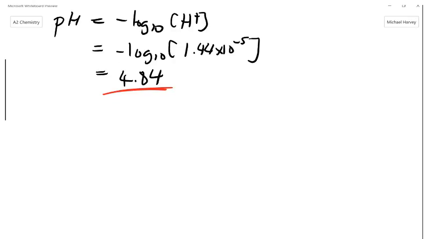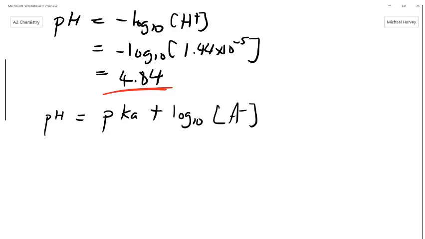You can use the Henderson-Hasselbalch equation, and the Henderson-Hasselbalch equation, of course, is pH equals pKa plus the log base 10 of the conjugate base divided by the acid.